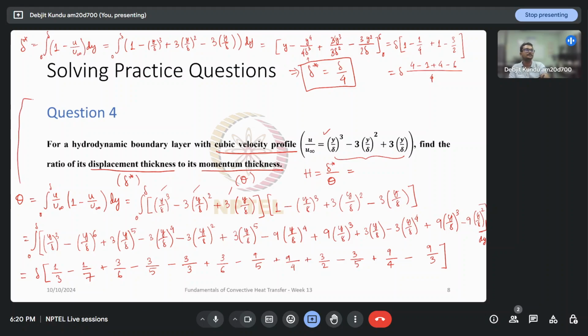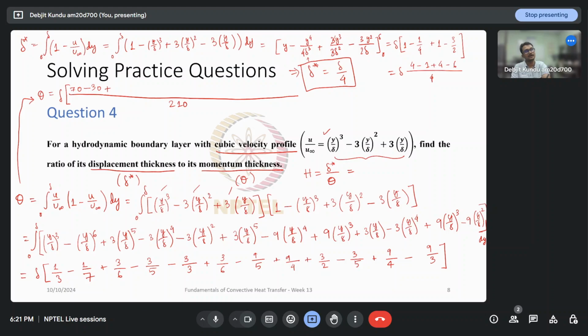So I'll continue here for the lack of space. So I have theta, which is equal to delta, and the whole thing that I'm taking, sorry, I'll take everything common under 210. So the first one, 1 by 3, has to be multiplied by 70. Then I have 1 over 7, so that is 30.